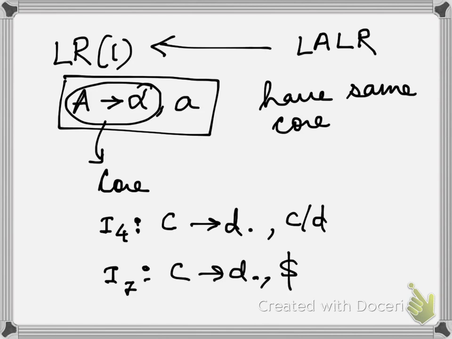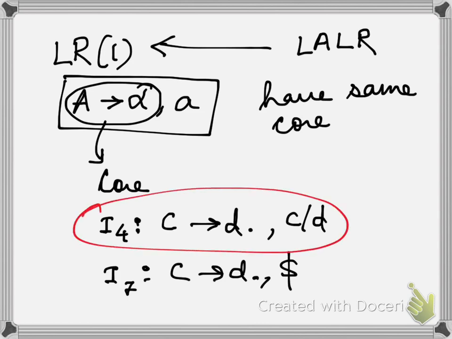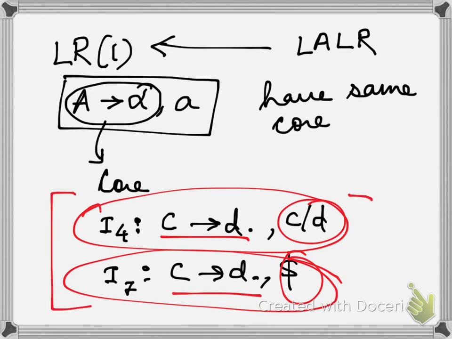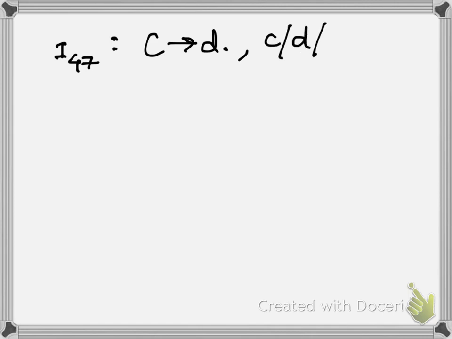Now here we can see both this set as well as this set have the same core, but the lookaheads are different. So to get the LALR item, we can merge these two sets together into a single set, and call it I47, which will have the common core, that is C derives D dot, and the lookahead would be c, d or dollar.